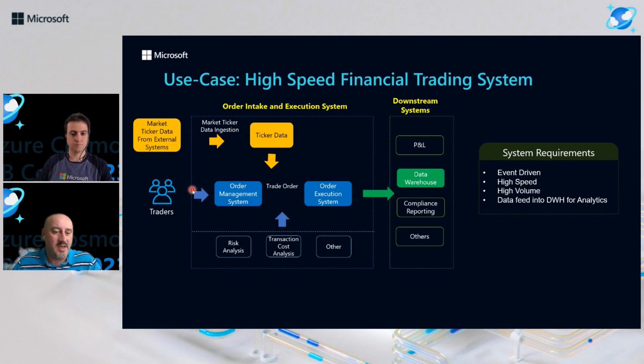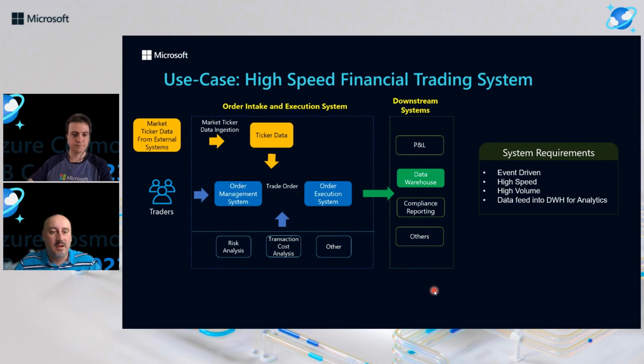There are additional APIs in a real trading system for risk analysis, transaction cost analysis, and others to maintain those complex rule engines. On the downstream side, there are compliance and reporting systems for P&L dashboards, usually data warehousing integration, compliance reporting, and others.